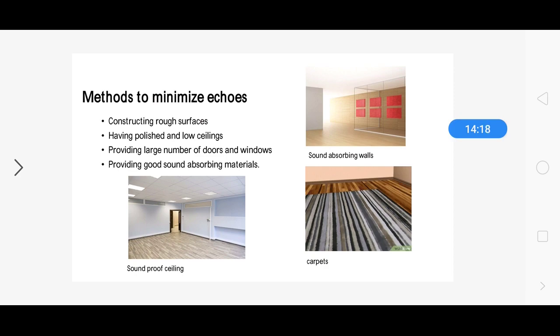The second one is having polished and low ceilings. During polishing, we have to use sound absorbing materials, so most of the sound energy is absorbed at the surfaces. And we maintain low ceilings.